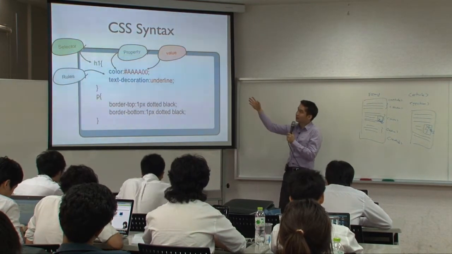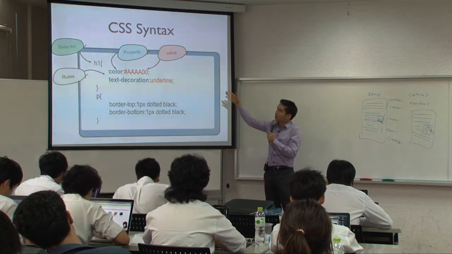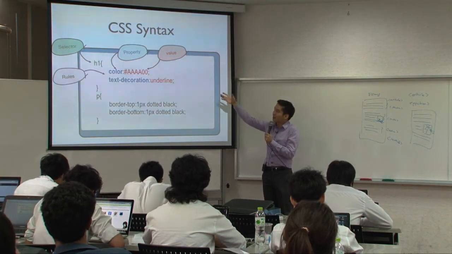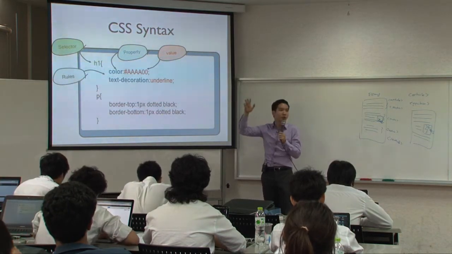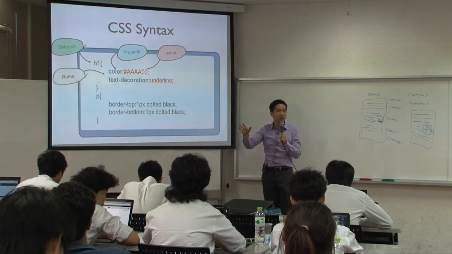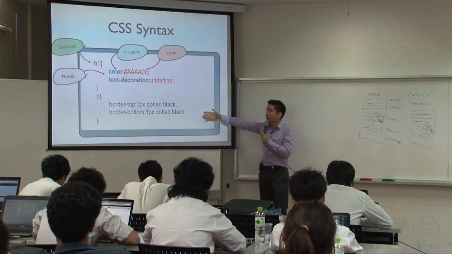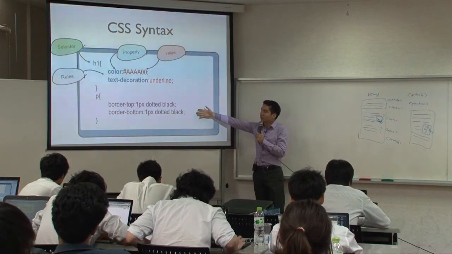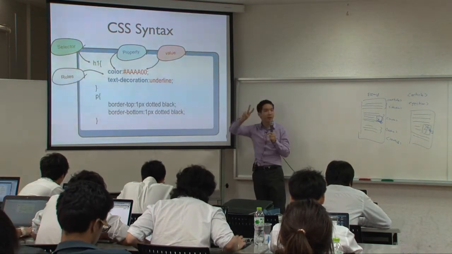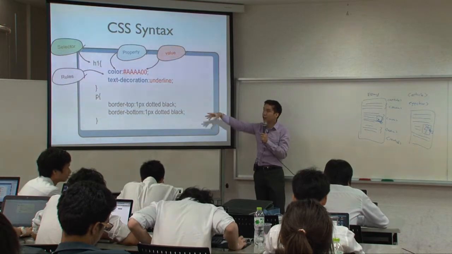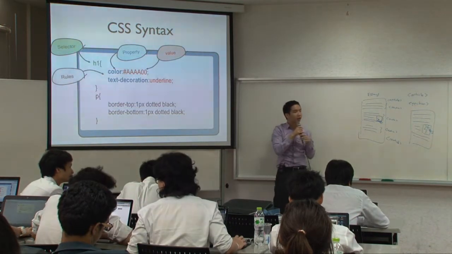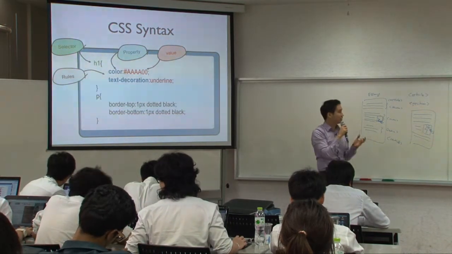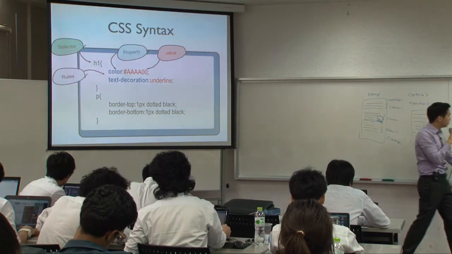In this case, it will essentially apply color and text decoration to all the H1 tags, okay? While on here, this applies 2 attributes, if you will, to the P tags. But you're not limited to just tags. That's the key that I want you to take away.